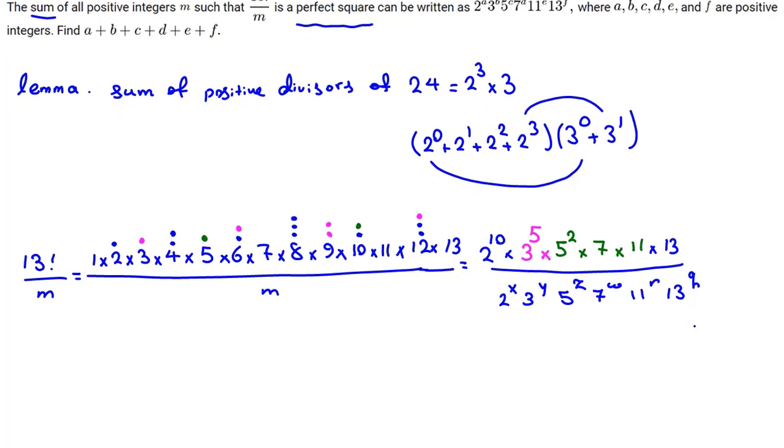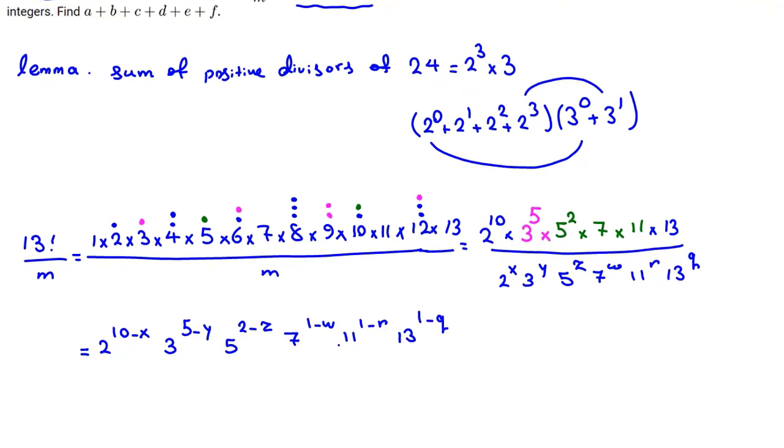Now, because it should be a perfect square, if we calculate, it will be 2 to the 10 minus x times 3 to the 5 minus y, 5 to the power of 2 minus z, 7 to the power of 1 minus w, 11 to the power of 1 minus r, 13 to the power of 1 minus q. All powers should be at least 0.